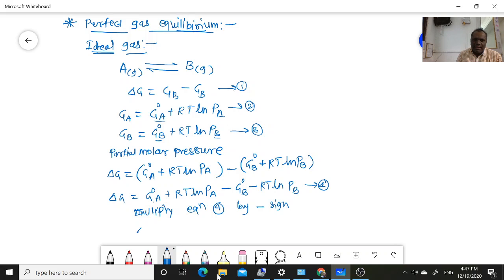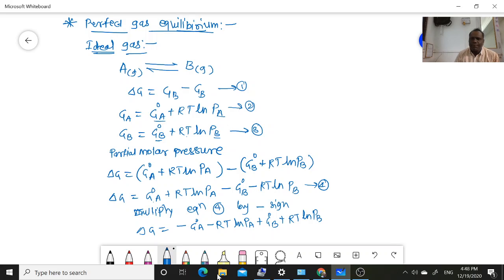We will get delta G is equal to minus G0A minus RT ln Pa. Now this big minus will become plus G0B plus RT ln Pb.